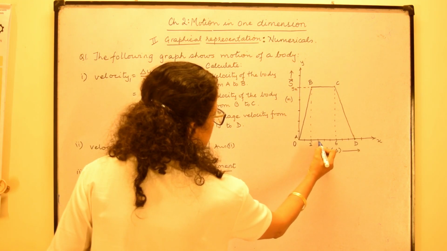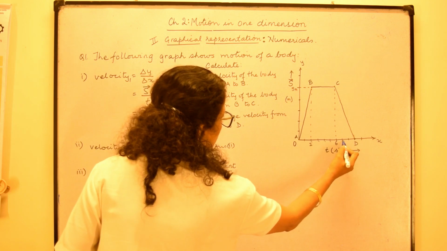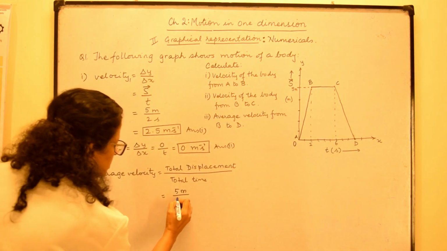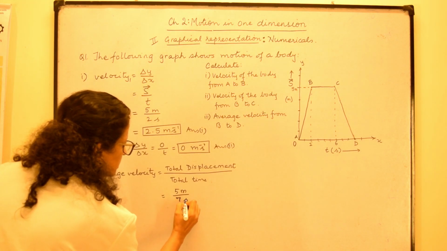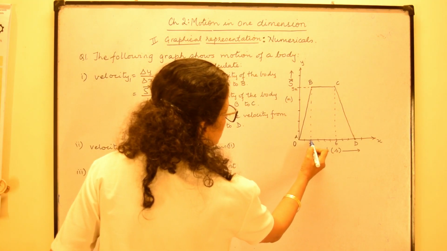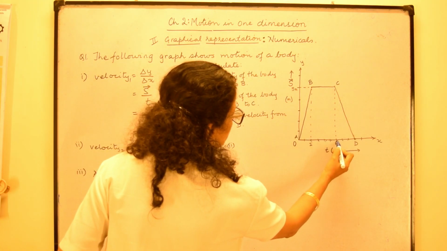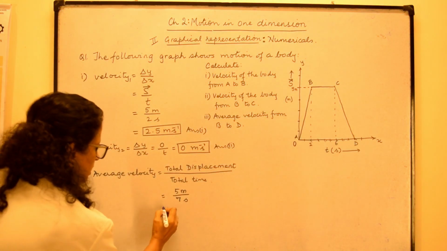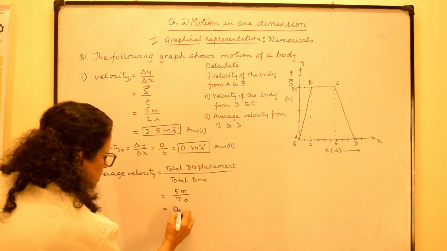After 2, this is 1 second, 2, 3, 4, 5, 6, 7. So you have 5 meters upon 7 seconds. Let's double check. From B, 1, 2, 3, 4, 5, 6, 7. So it is correct, 7 seconds.